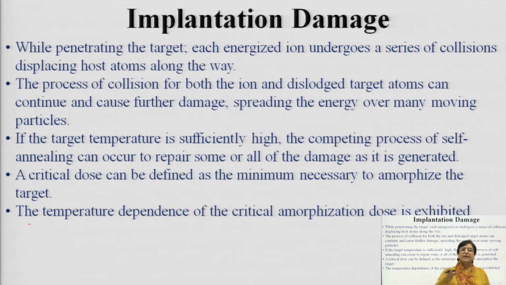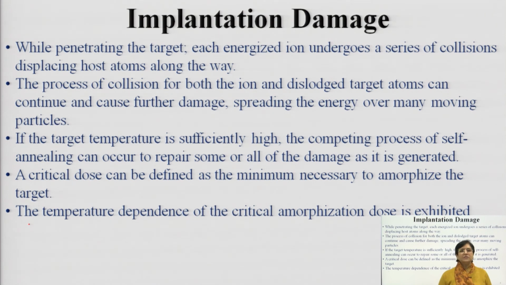Whatever they strike on the way, they impart energy to those crystal structures, and the process of collision with both ions and dislodged target atoms can continue and cause further damage and spread the energy over many moving particles.